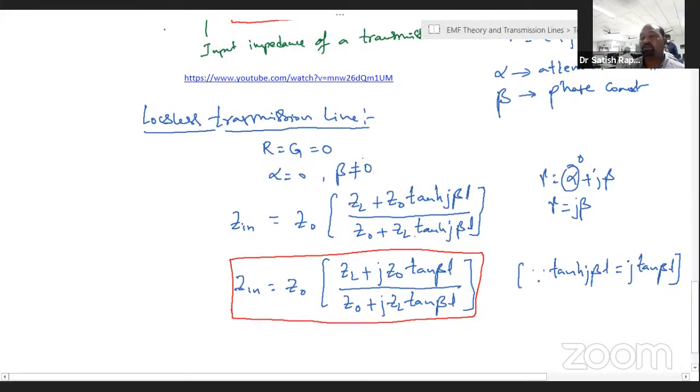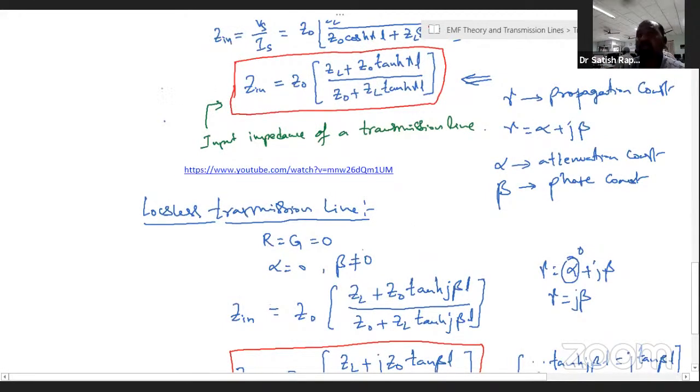So we have discussed the input impedance of a transmission line, and we can consider this equation as the input impedance of a distortionless transmission line. Why?